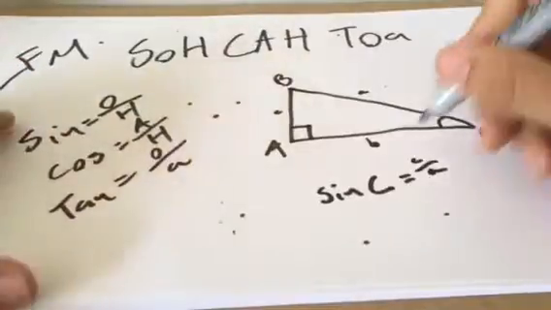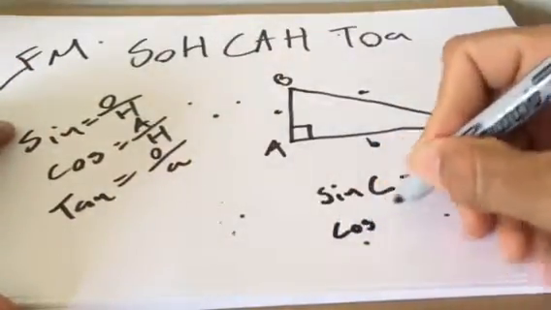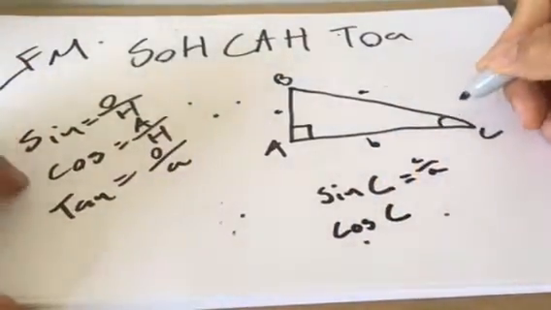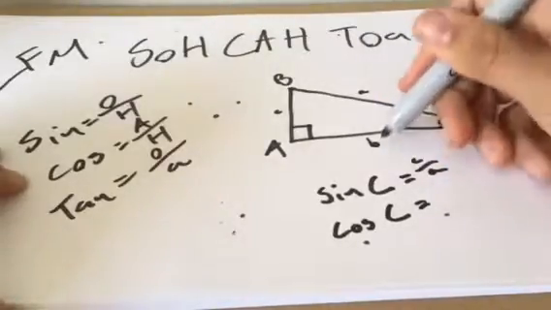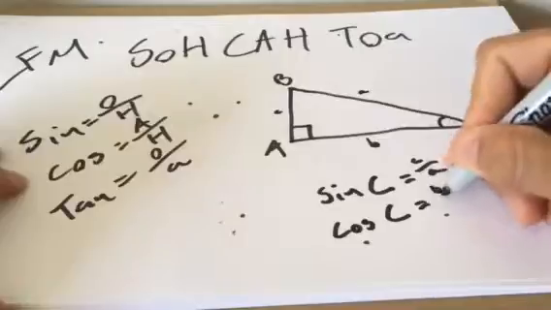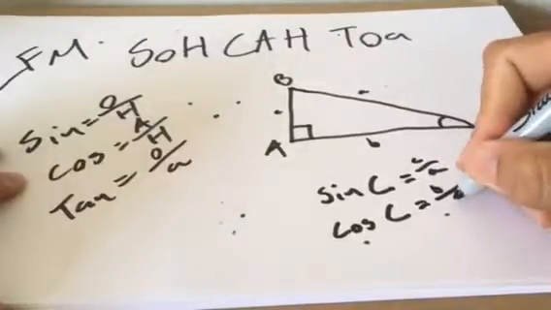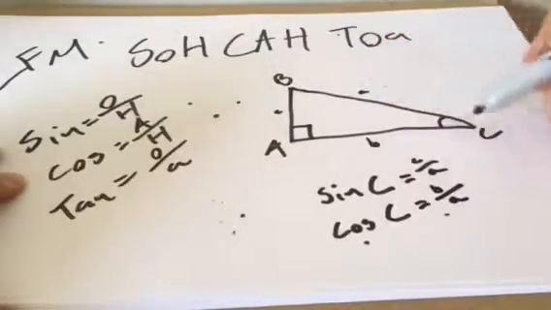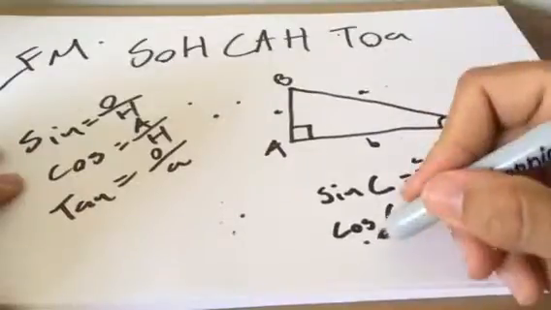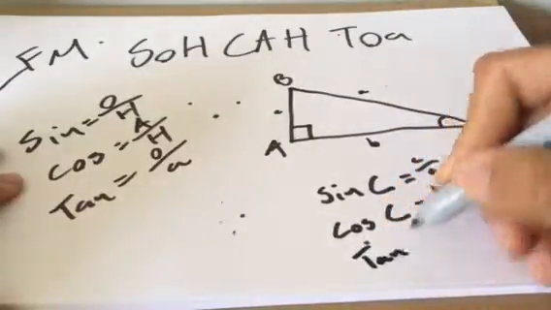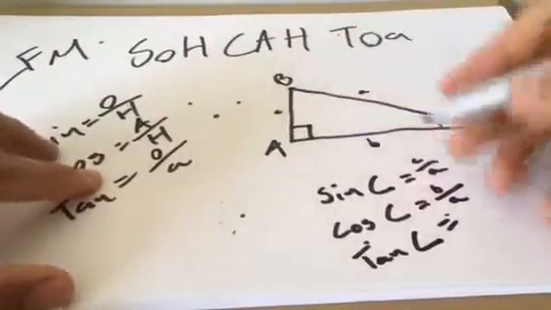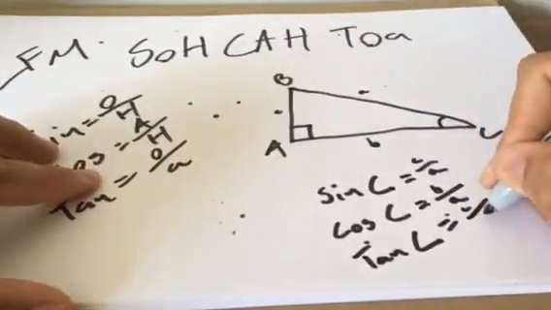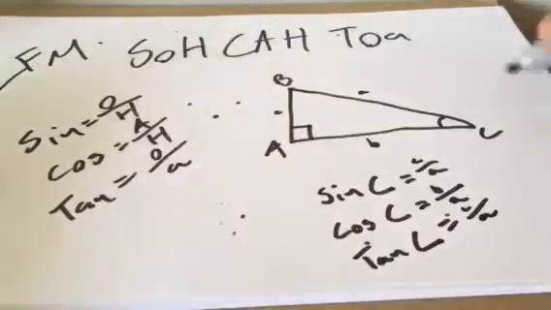We could also find angle C by finding the cosine of angle C. The cosine of angle C would mean we would need the adjacent side, the one right next to it, so little b, over the hypotenuse, which is also little a, the longest of the sides. And lastly, we could also find the tangent of angle C, which would then be the opposite, or little c, over adjacent, or little a.